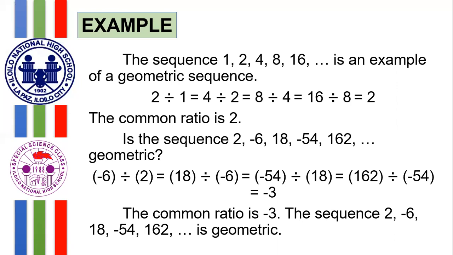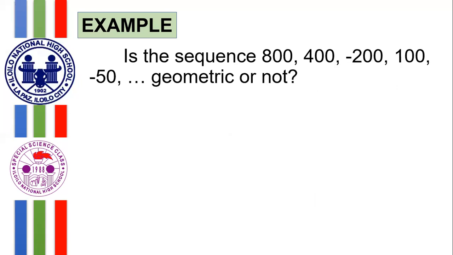How about this? Is the sequence 800, 400, -200, 100, and -50, and so on geometric or not? So let's test. This is actually not a geometric sequence. Why?